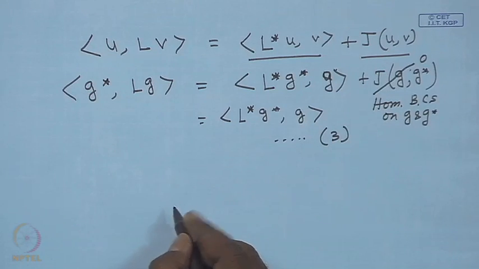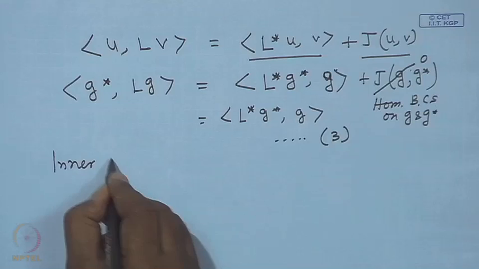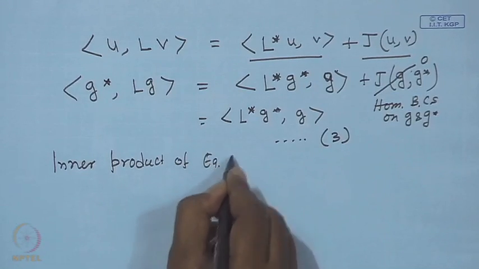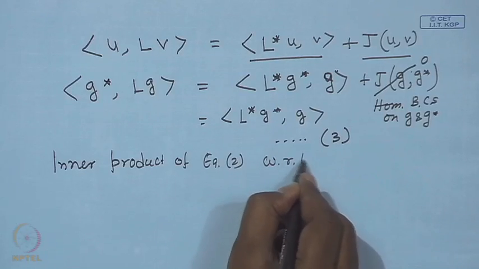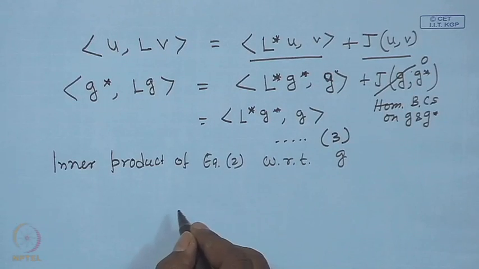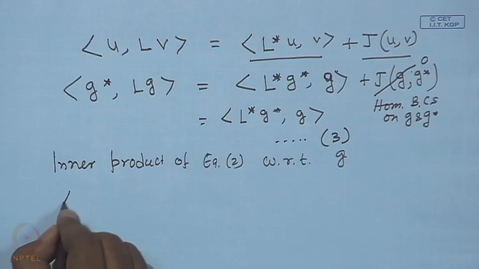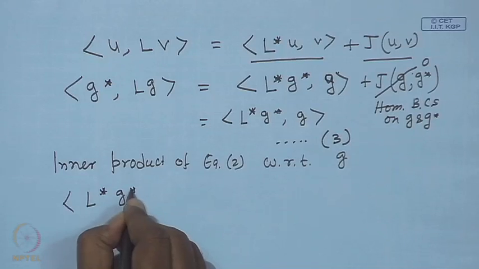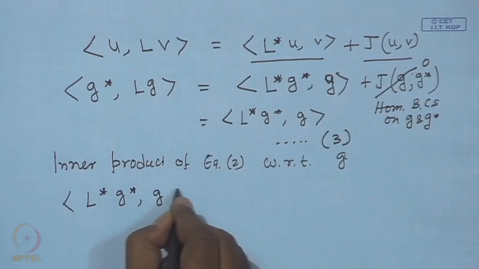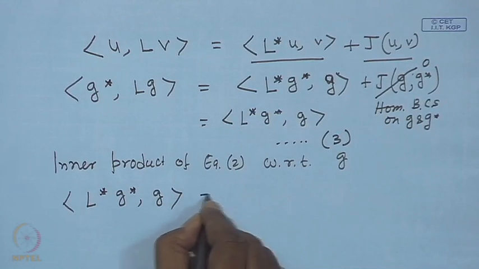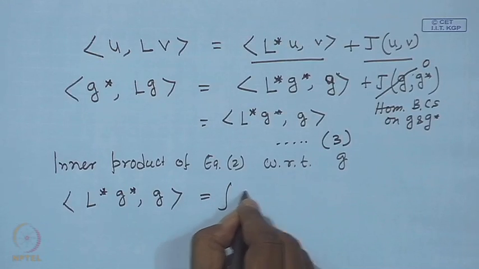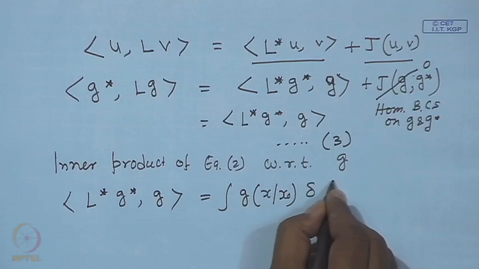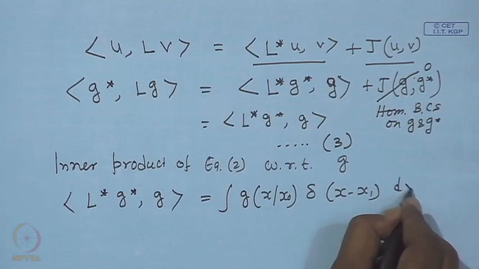Then we take the inner product of equation 2 with respect to g. If you do that, we will be getting the inner product of L* g*, g equal to the integral of g(x/x0) δ(x − x1) dx.